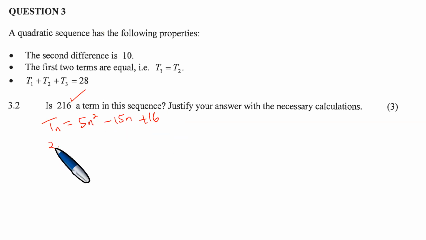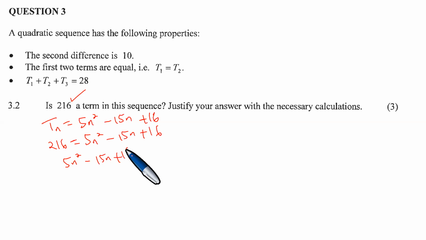So we must make this one 216: 5n squared minus 15n plus 16 equals 216. And this is exactly 5n squared minus 15n. You transpose the 16 and the 216, transpose it to the right-hand side of the equation.